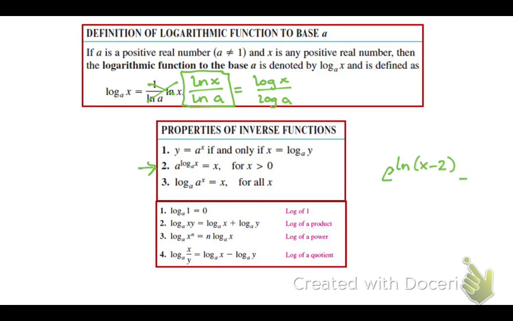That equals what? X minus 2. Because your base of natural log is e and your base is e. So as long as these two bases are equal, we're right there. And that goes the same if I have log base a of a to the x, the answer is x. So again, all rules that we've already used, but I just wanted to remind you they were there.